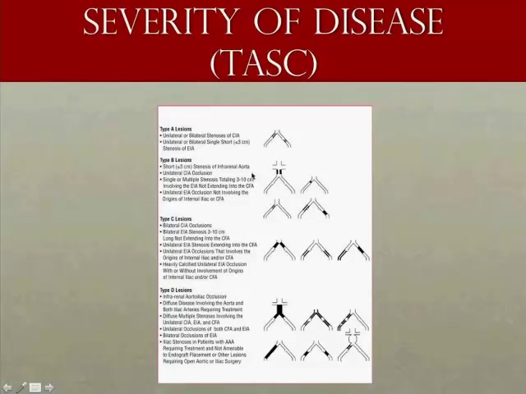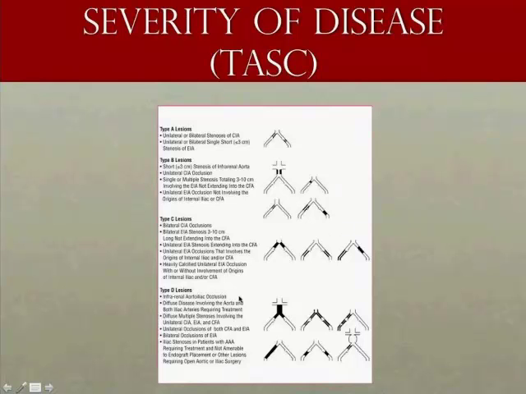Type B lesions tend to involve a little bit more of the aorta in addition to the common iliac artery. Type C lesions tend to be obviously more complex with bilateral iliac occlusions or bilateral external iliac stenoses.